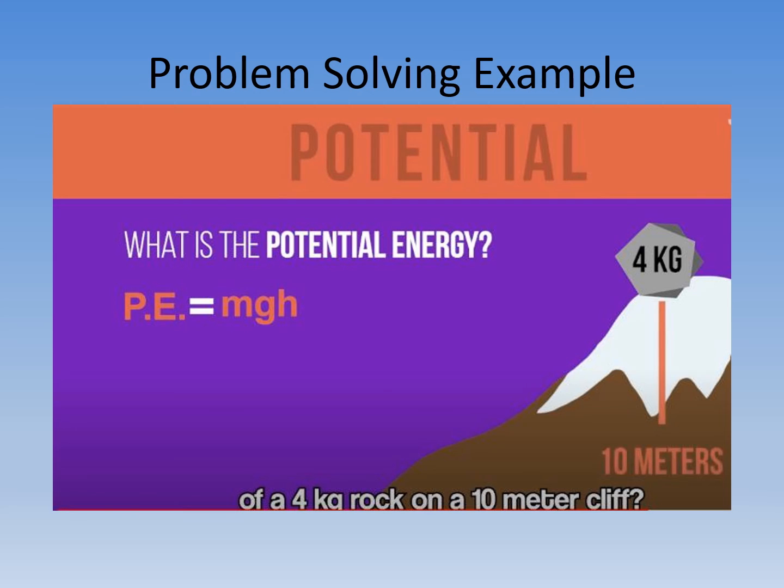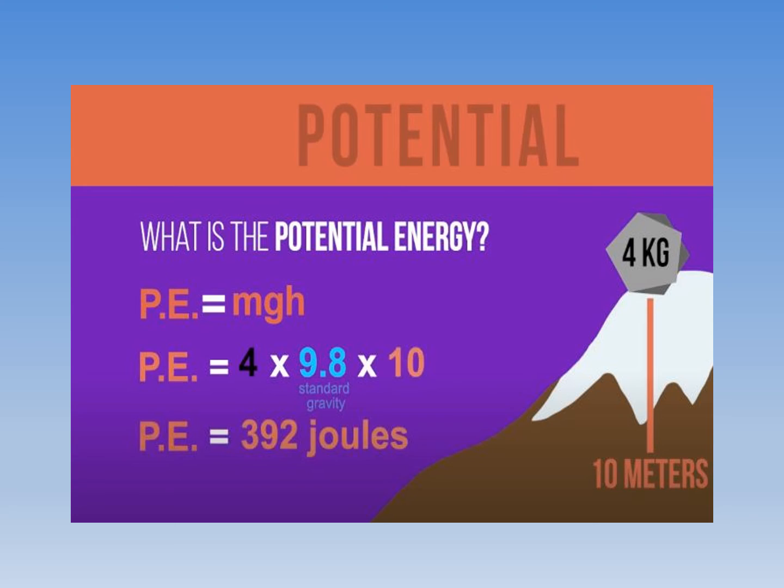And we have a 4 kilogram rock on a 10-meter cliff. So for the solution, potential energy is equal to 4 times 9.8, the standard gravity, multiplied by 10, and you have 392 joules.